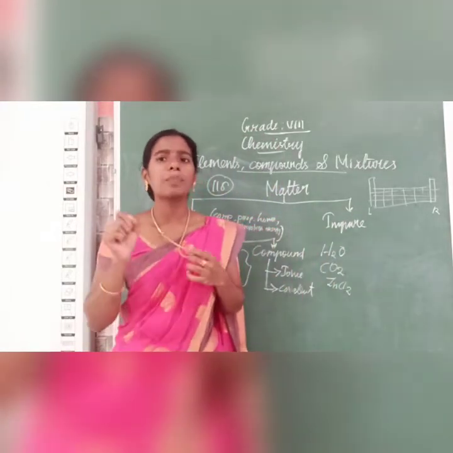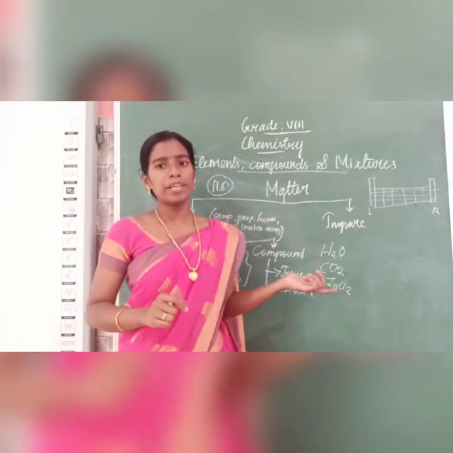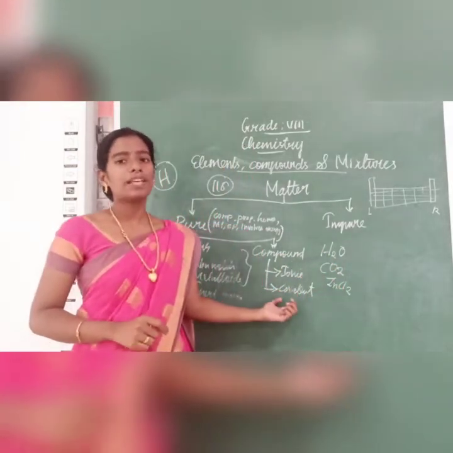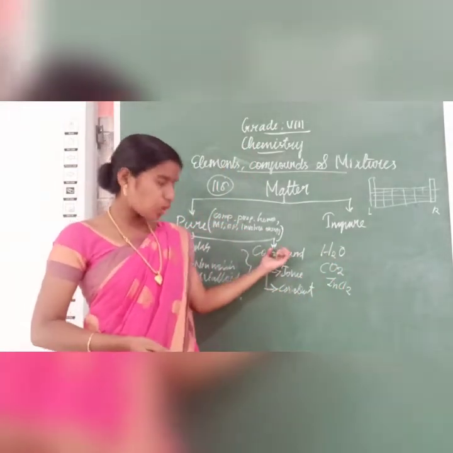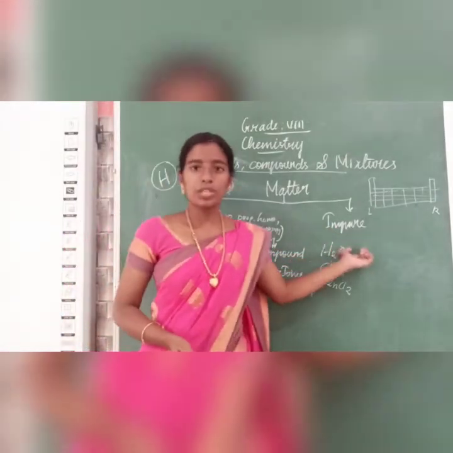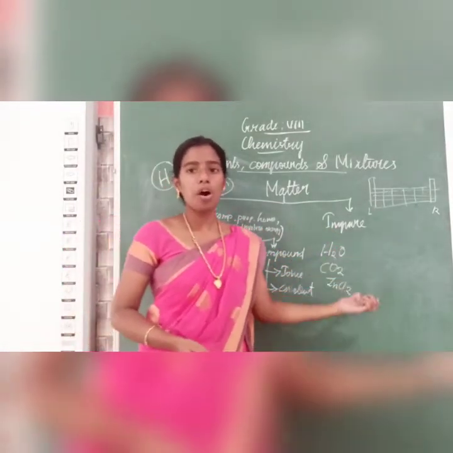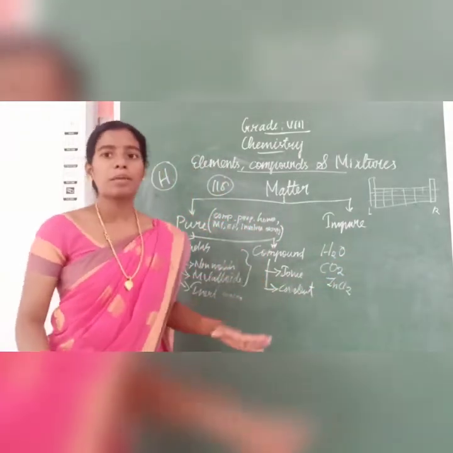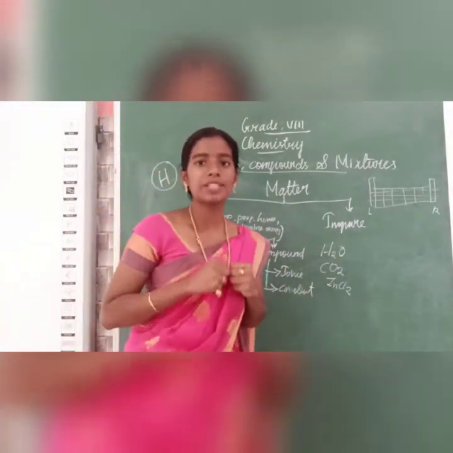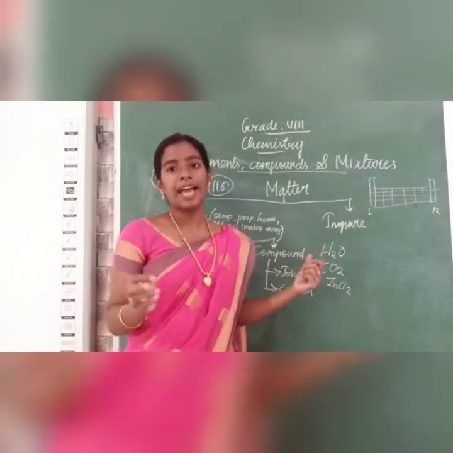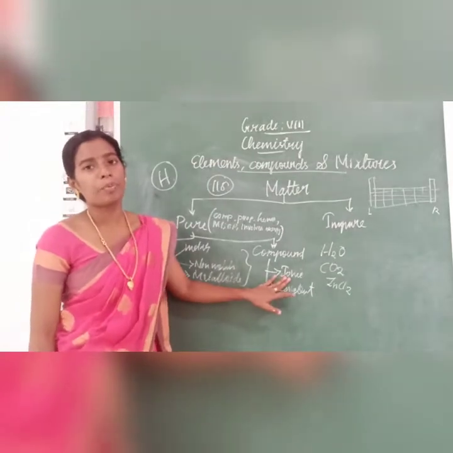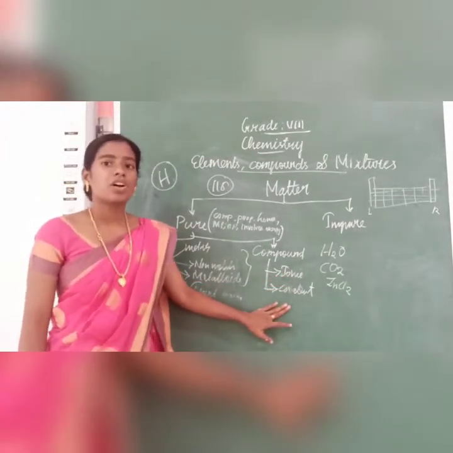Depending upon the type of bond, it can be divided into ionic and covalent compounds. Compounds, example, water molecule. Compounds are a combination of two or more elements. Depending upon the bond between the elements in a compound, it can be divided into two types. They are ionic compounds and covalent compounds.